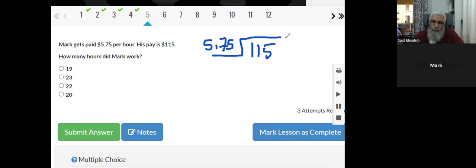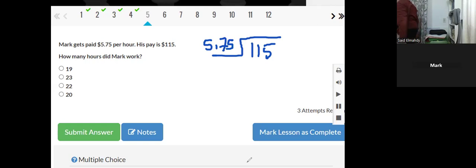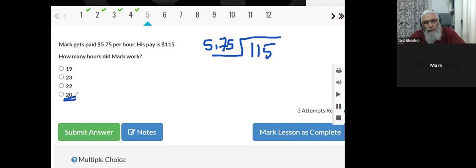All right, one minute. If you want, you can try this 20 times. 5.75 multiplied by 20, or 2.